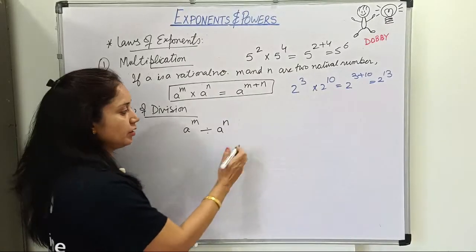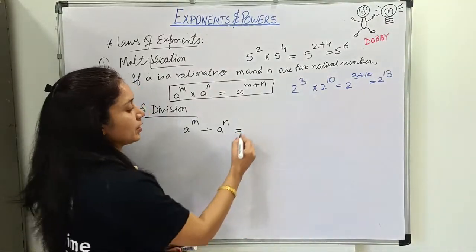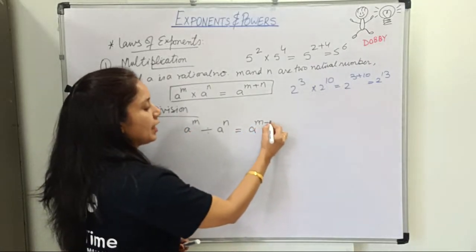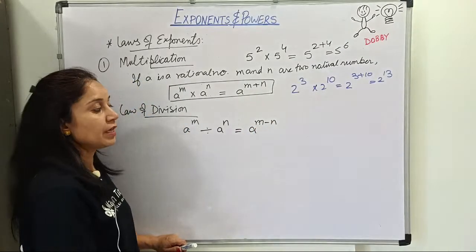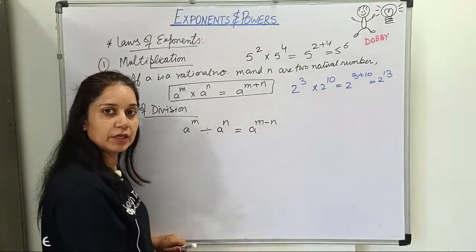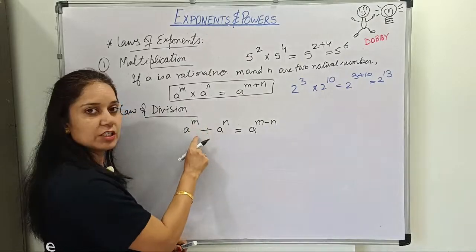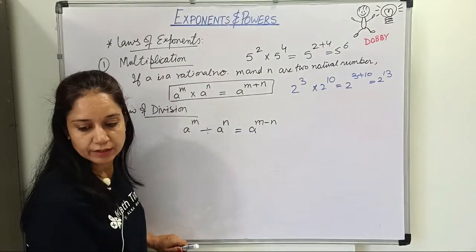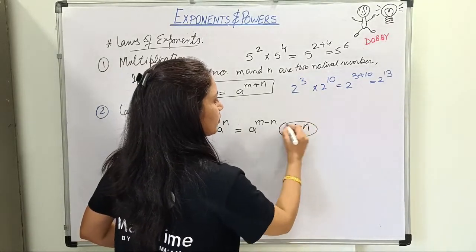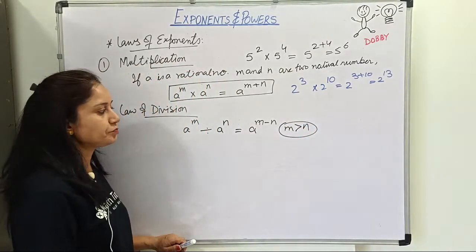In division, we subtract. So A rational number with the powers will be subtracted, M minus N. And when you have to subtract, that means the first number should be bigger. So the first power M should be greater. M should be greater than N. Then only you can subtract.